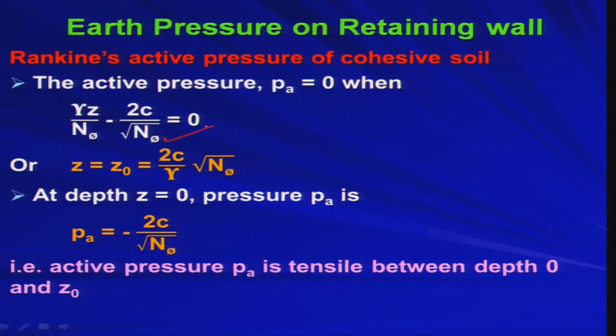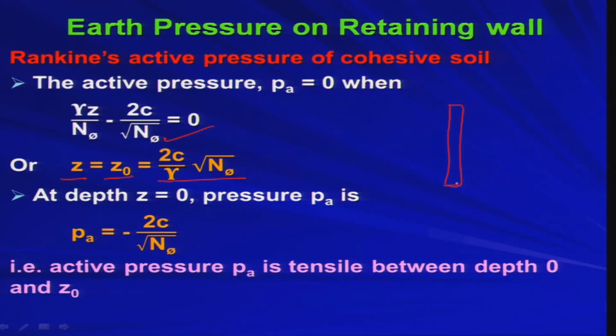From this we can find out at which depth Pa becomes 0. So z equal to some depth, say z naught, is equal to 2c by gamma into root over N phi.